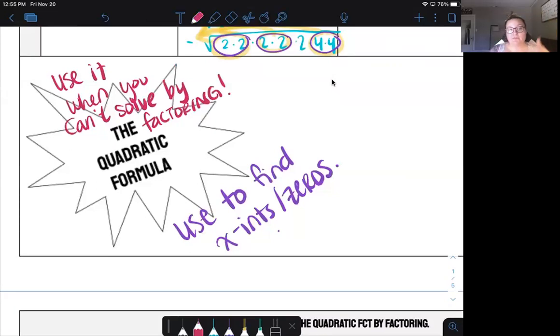The quadratic formula is just another method to solve for zeros, just like when we learned the week before Thanksgiving break that you can solve quadratic functions by factoring. There are some quadratic functions that can't be factored, and so instead of factoring, we use the quadratic formula.